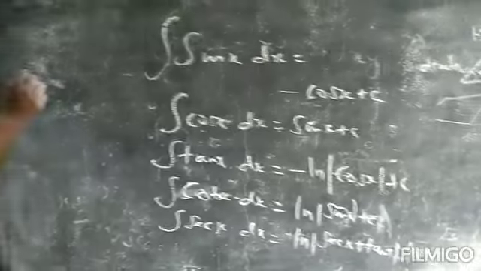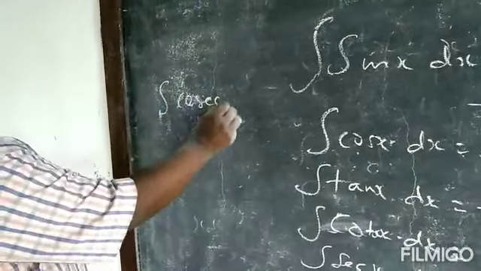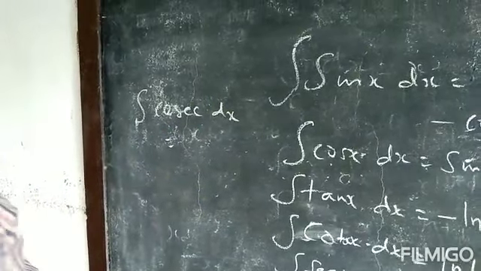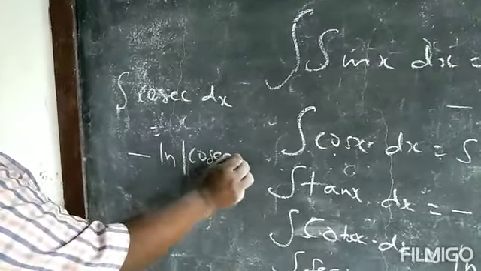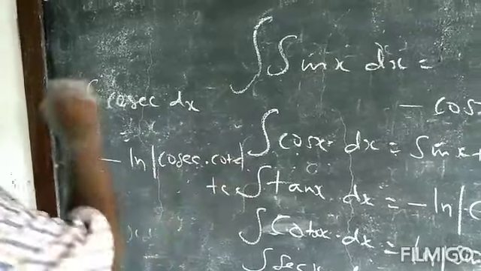Integral cosecant x dx is equal to minus log mod of cosecant x plus cot x, plus c.